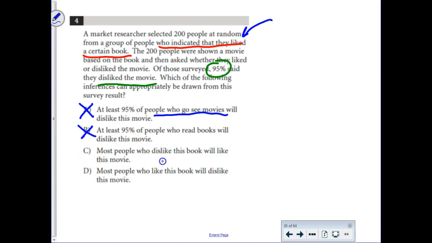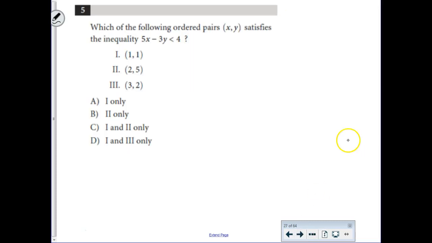Most people who dislike this book will like the movie versus most people who like this book will dislike the movie. So what was true for our population sample? It was that they liked the book and they disliked the movie. This is our answer right there. So that was like a read carefully question. But the heart of that question is, are you reading carefully and are you paying attention to who your sample and population are?